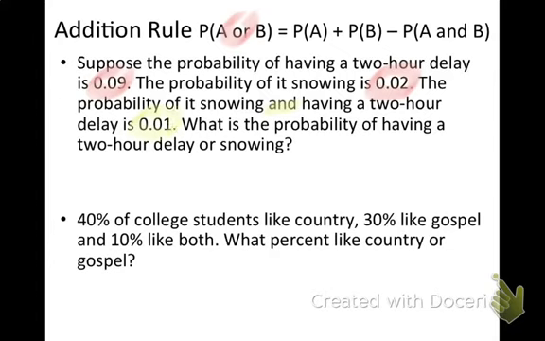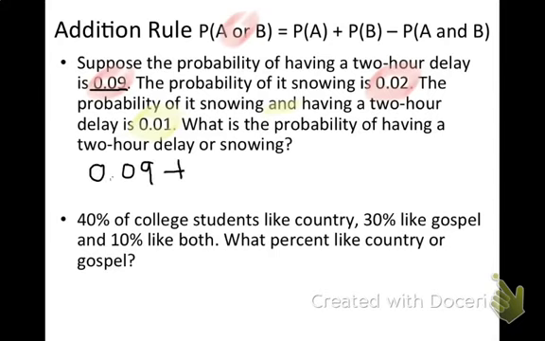So we want to use the addition rule, that little formula there, to find the probability of having a 2-hour delay or snowing. So the probability of the first thing, a 2-hour delay, is right here. So the probability of the first one is 0.09.